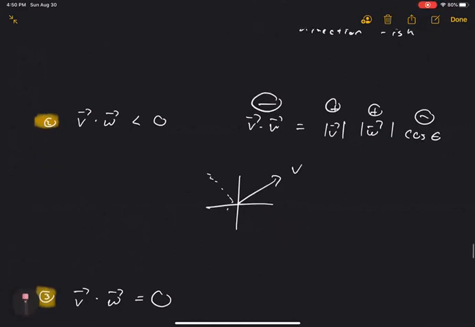For instance, it would end up being the same thing if I was measuring this way. Again, I expect my vector to be somewhere between 90 and 180 degrees. So really there's a couple of possibilities. Maybe vectors v and w are oriented this way, or maybe w is coming off.